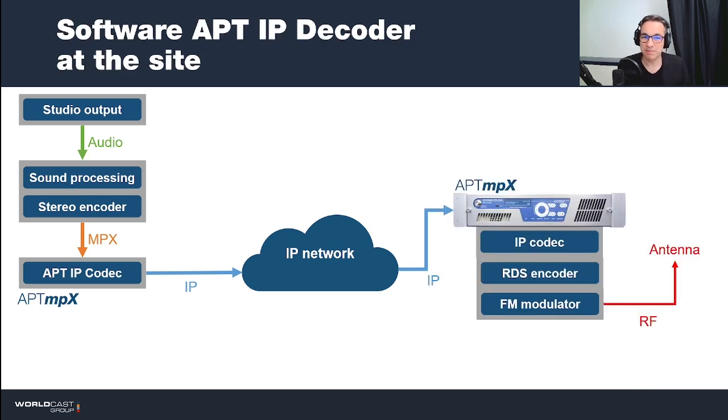If we want to replace this by software, let's start with the transmitter site. We will replace the codec and RDS encoder by the Expresso FM IO series and its software features. So the IP codec here is a software module, and the RDS encoder also, okay, with APT-MPX, of course.